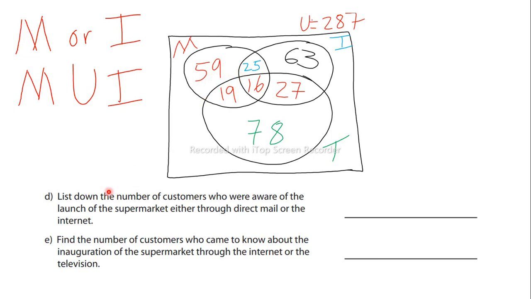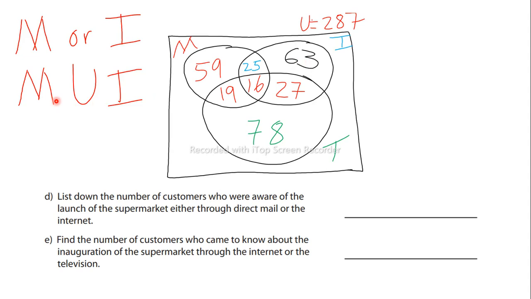If we answer it the way it's written, we'd have to add everything in M and everything in I. That's literally mail and internet. Would we repeat it?